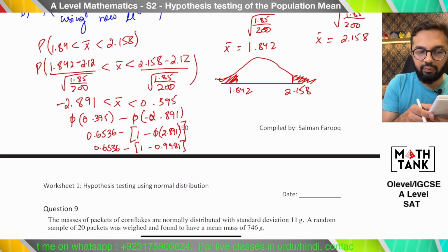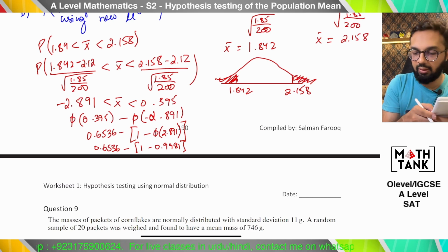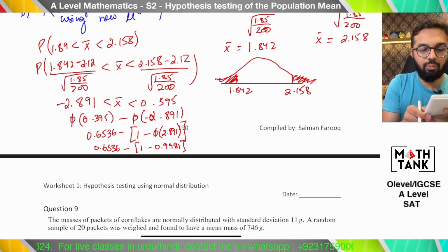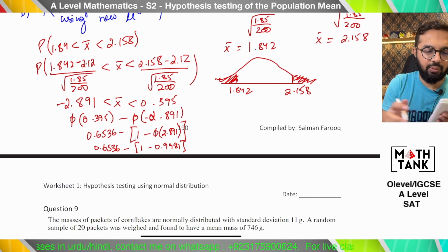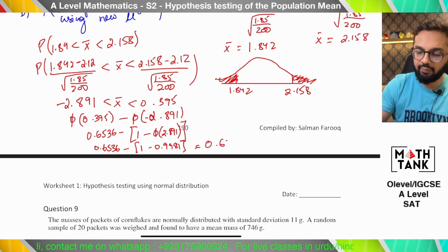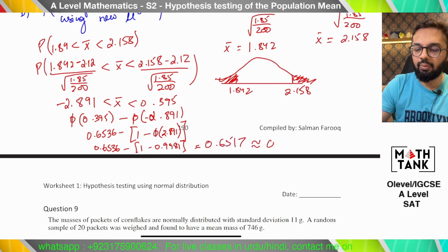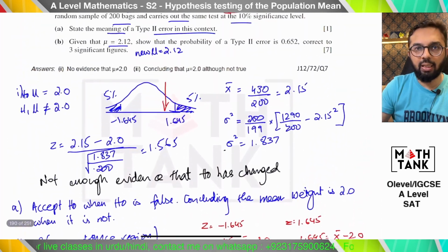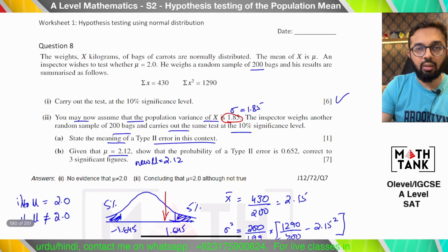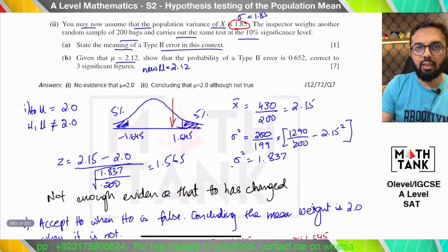Okay, 0.6536 minus 1 point is 0.9981. I think my answer is pretty close, 0.6517, and that rounds out to 0.652. Okay, you can scroll back on the video and solve the question again and see if you get the correct answer as well.